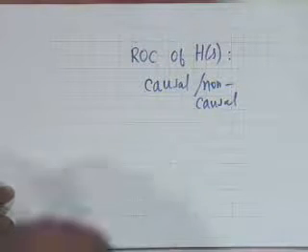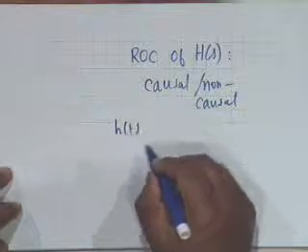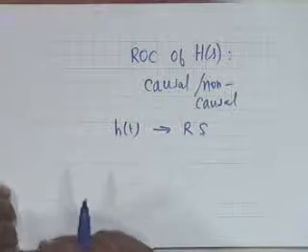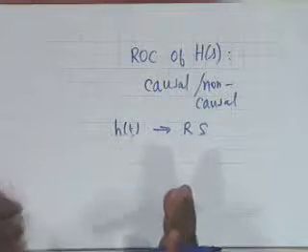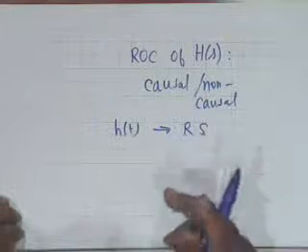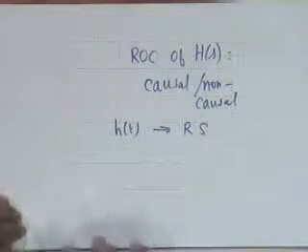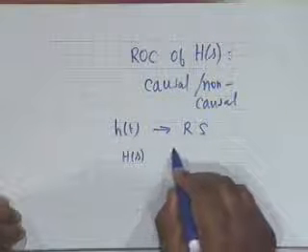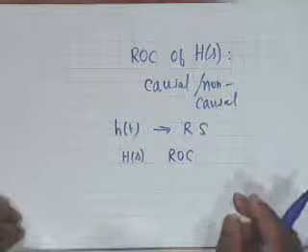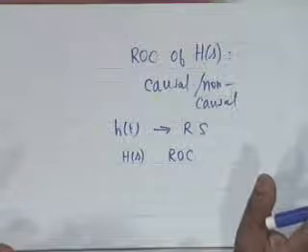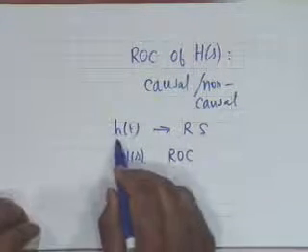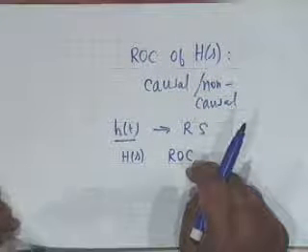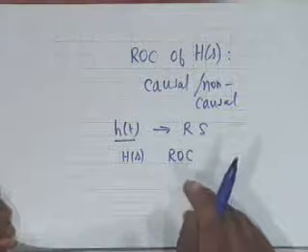Suppose our h of t is right sided, that is h of t is 0 for t less than some value capital T. Then you know the ROC of H of S shall be a right half plane. Is that correct? So, if h of t is right sided, the ROC is a right half plane.